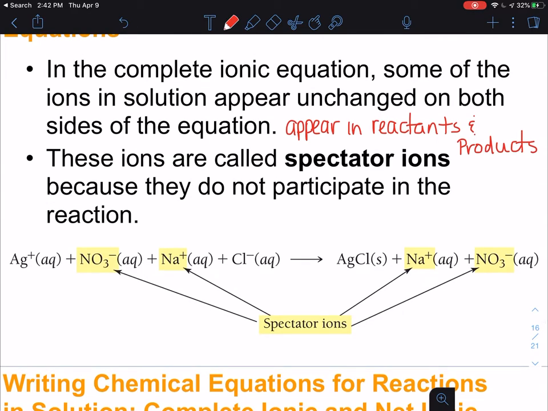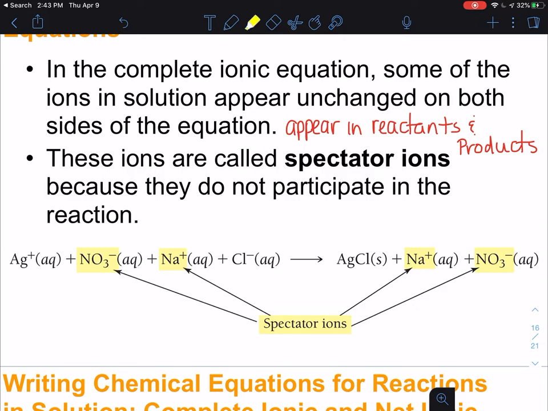And you'll see in the image that I have, the spectator ions are very clear. NO3 is an ion on the reactant side, and if we go to the product side, it's still over here, so this is called a spectator ion. Same with the sodium.